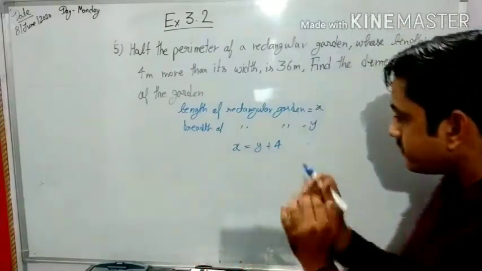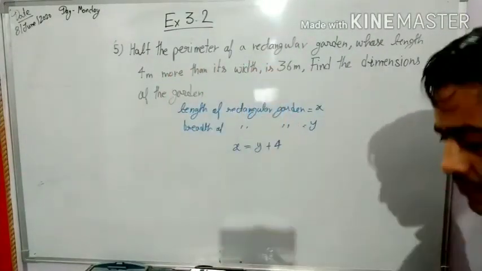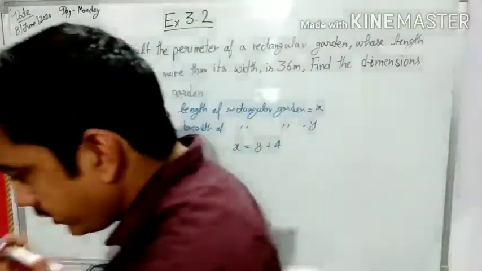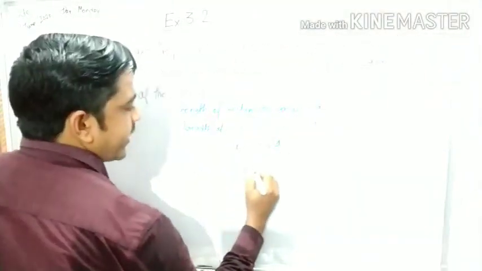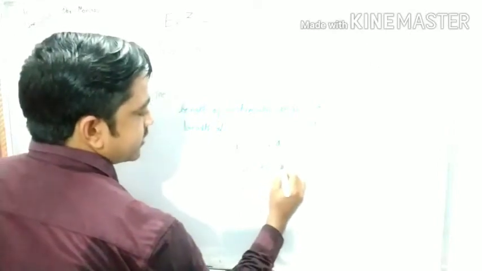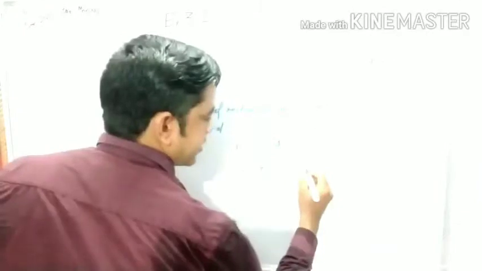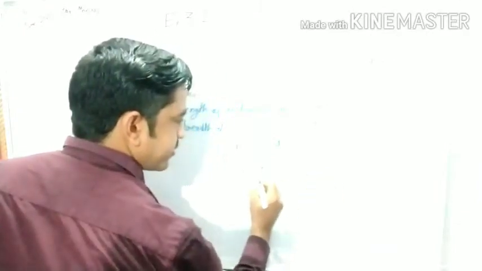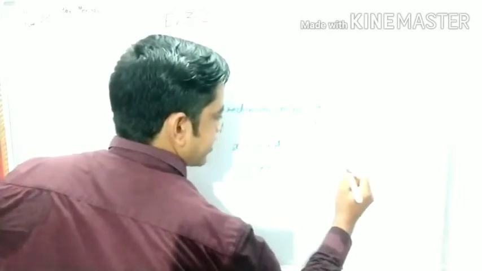And second, half the perimeter. What is the perimeter of a rectangular garden? The perimeter is 2 times x plus y, which is equal to what? 36. So half it. This is your first condition and this is your second condition.